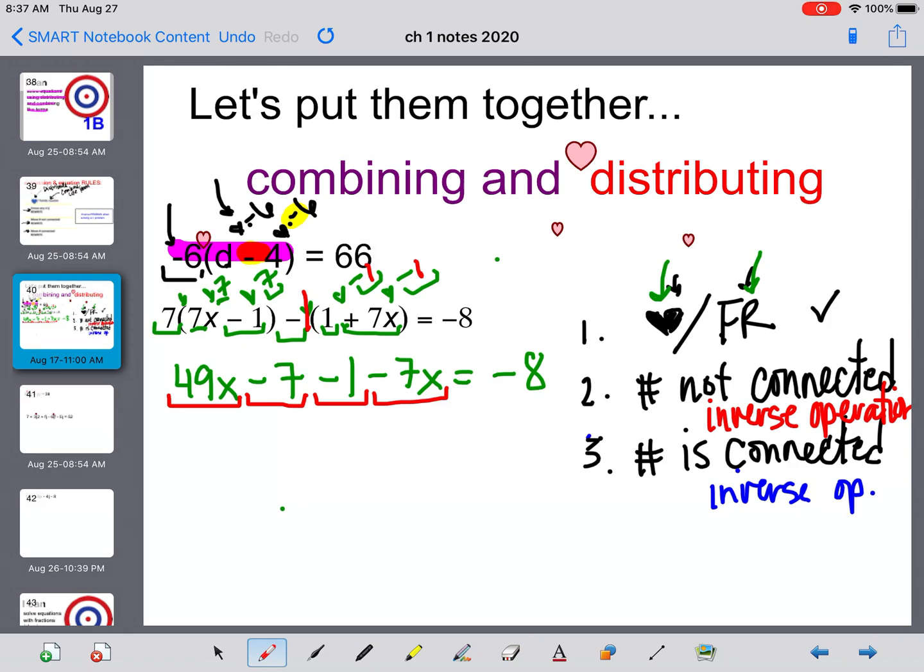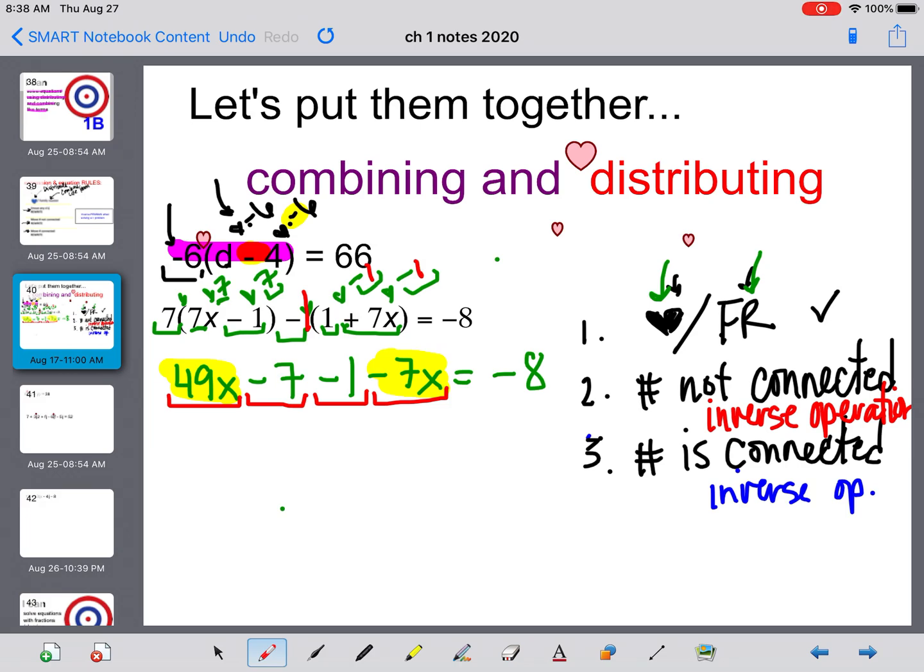If I go through and I break this up into terms, then I can see that the 49 and the x are a term, and the negative 7 is a term, and the negative 1 is a term, and the negative 7x is a term. And that helps me figure out which ones I'm combining. I'm going to combine 49x with negative 7x because they have the same last name. They're both x's.